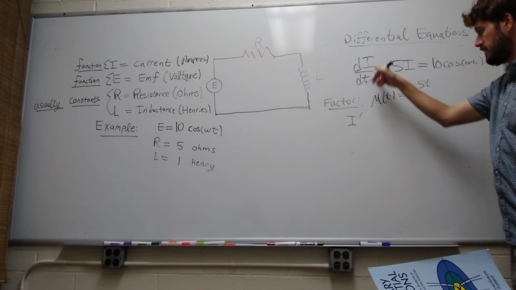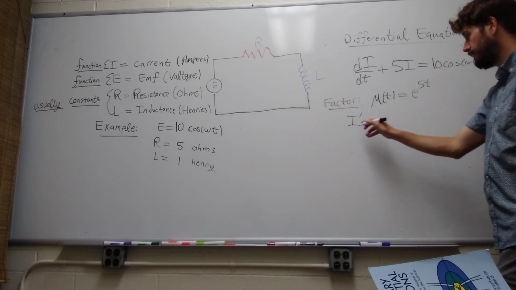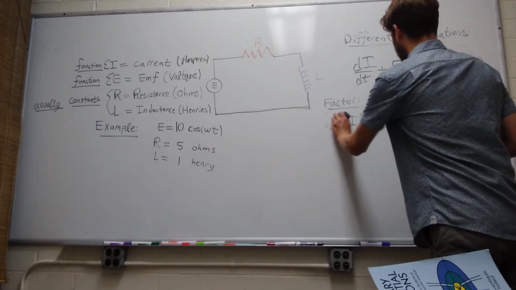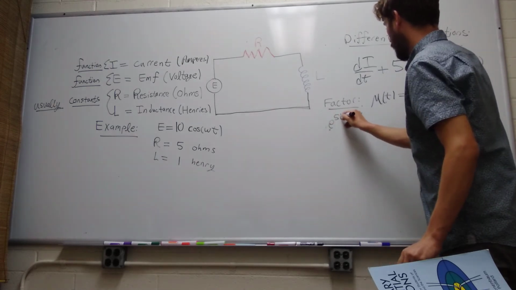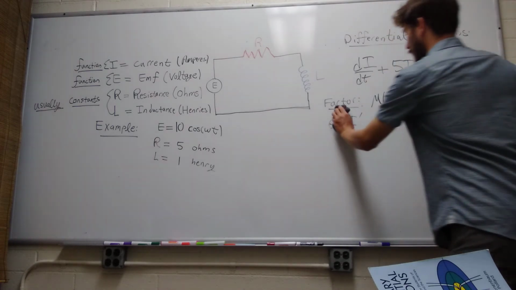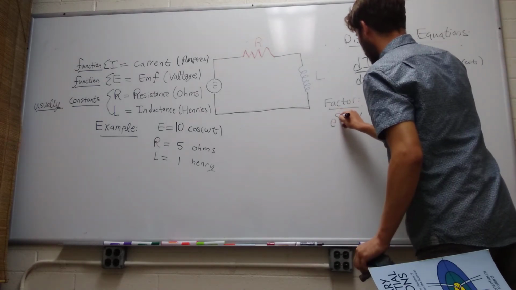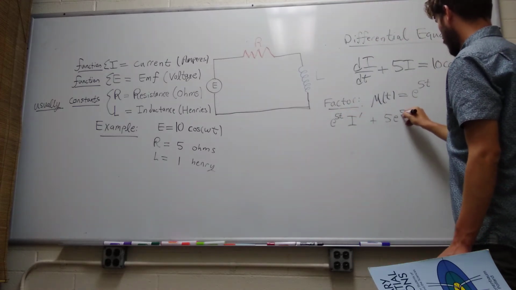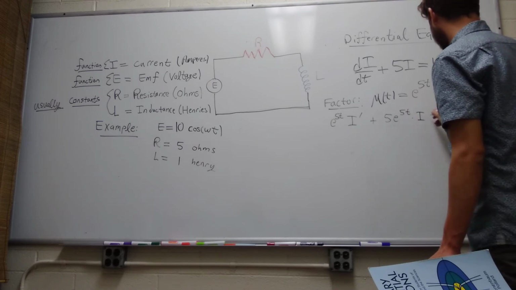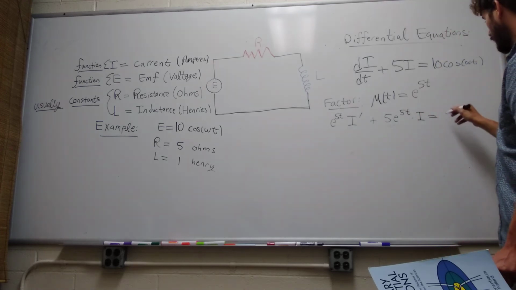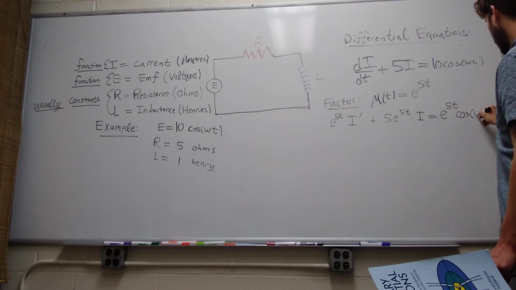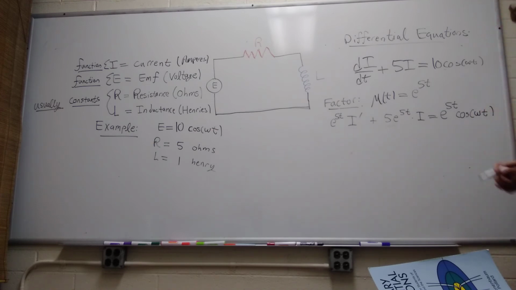So I prime, this is a shorthand for derivative with respect to t, times e to the 5t is equal to e to the 5t times cosine omega t.